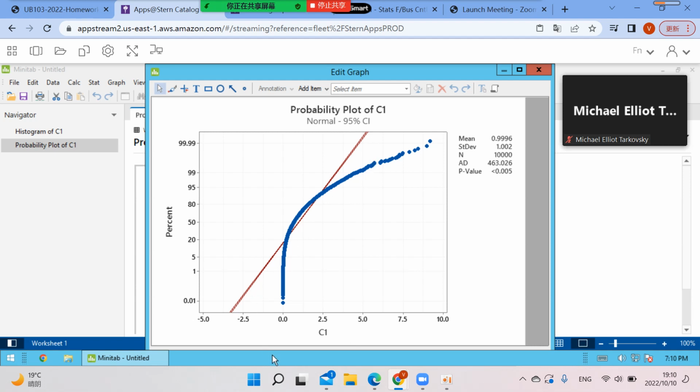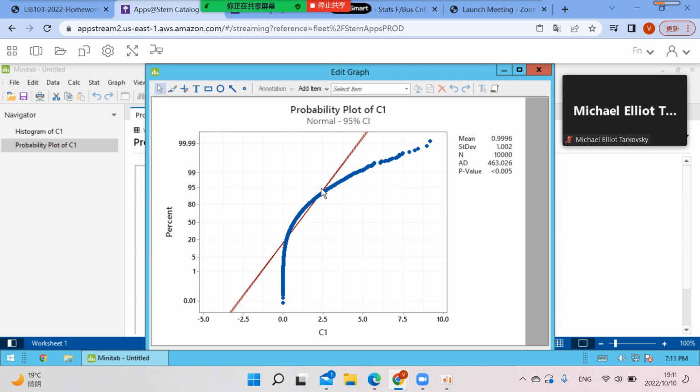And if my data, my column C1, had exactly a standard normal distribution, then my blue dots, which are my observations, would perfectly align with the red line, forming a straight line.